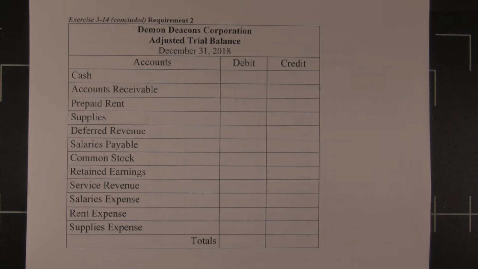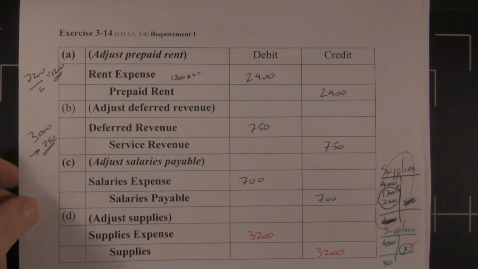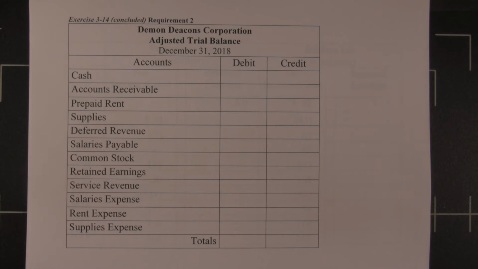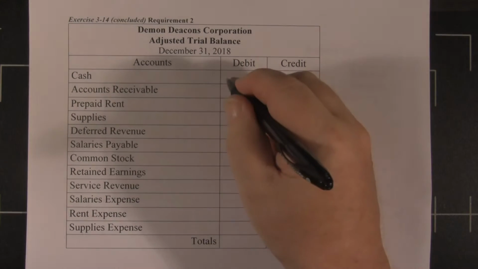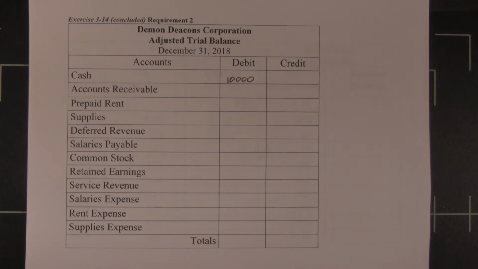Exercise 314, Part 2, is asking us to take the adjustments that we computed in Part 1 and apply them to the trial balance that they gave us, the unadjusted trial balance. Well, the unadjusted trial balance included cash of $10,000, and we had no adjustment to that, so we'll just carry that over.